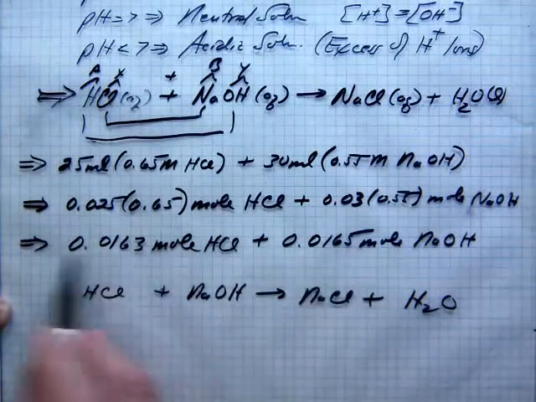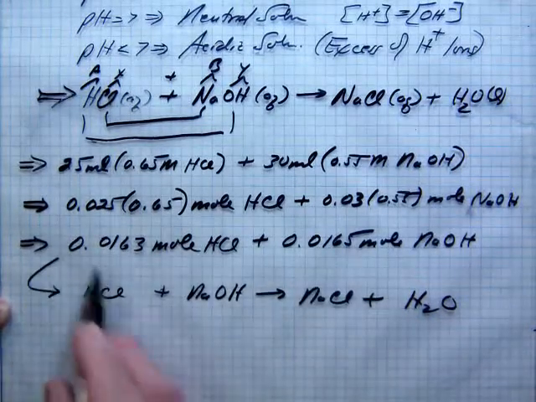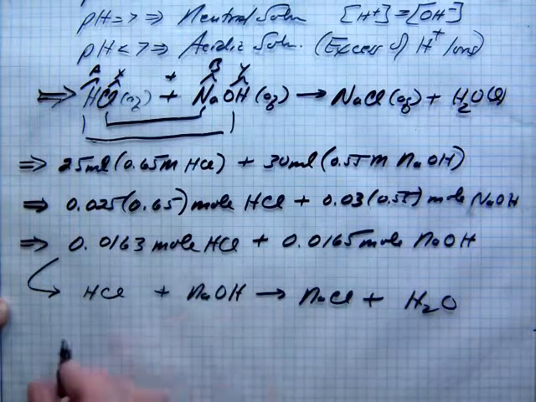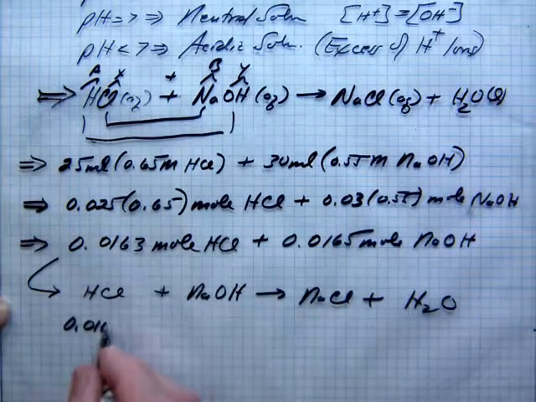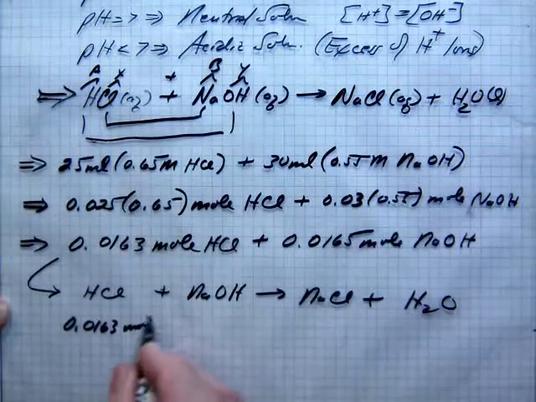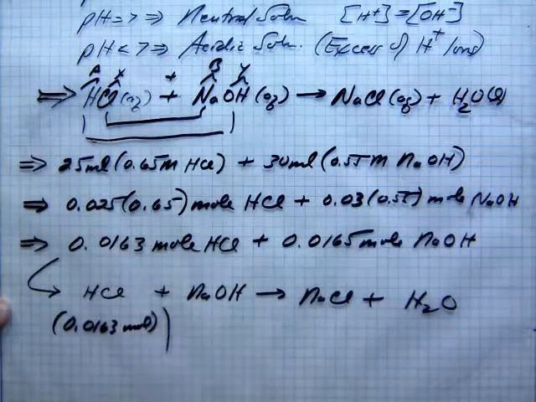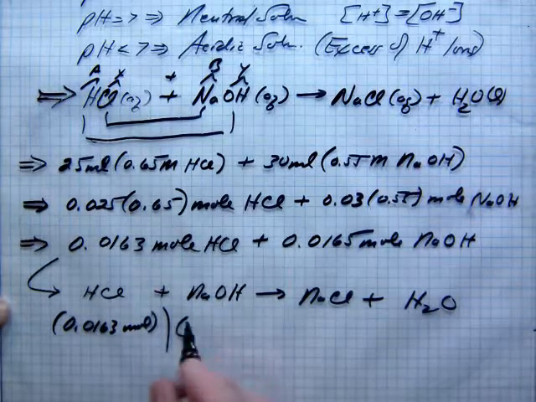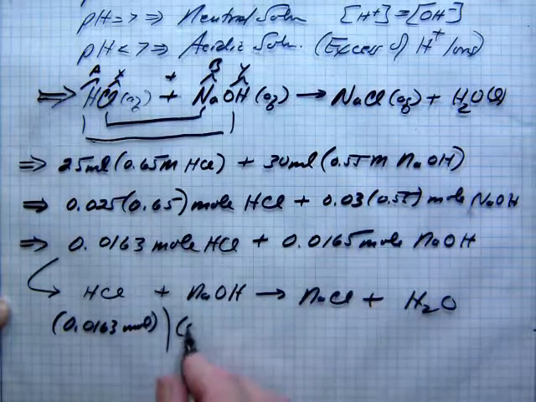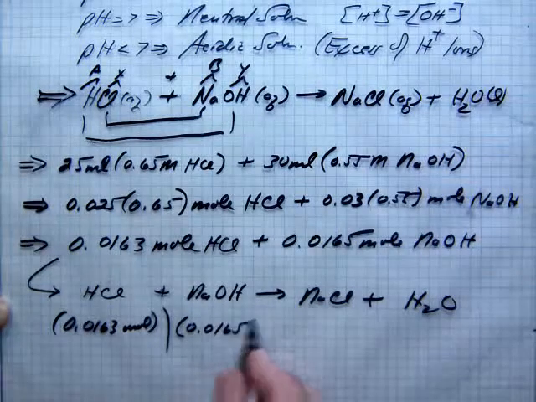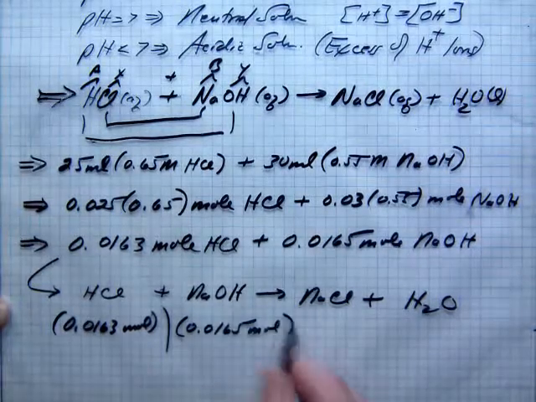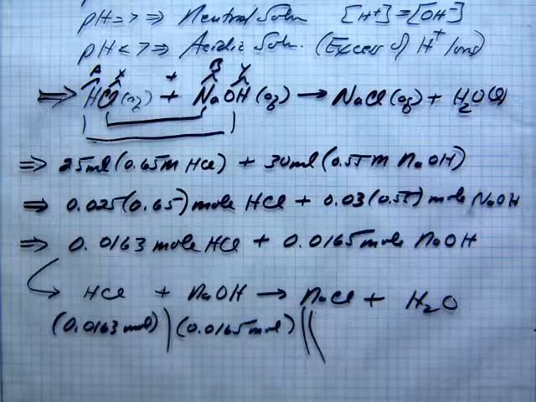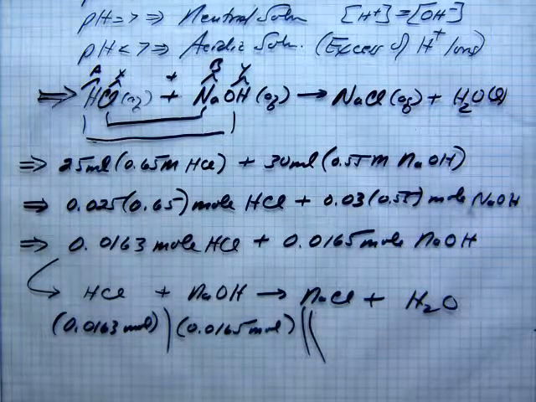Well, from what we've just calculated, if we attach these numbers to this reactant side, then HCl is 0.0163 mole. Here, and I've got a little bar right there to just separate or partition the two. And 0.0165 mole of the NaOH, right?